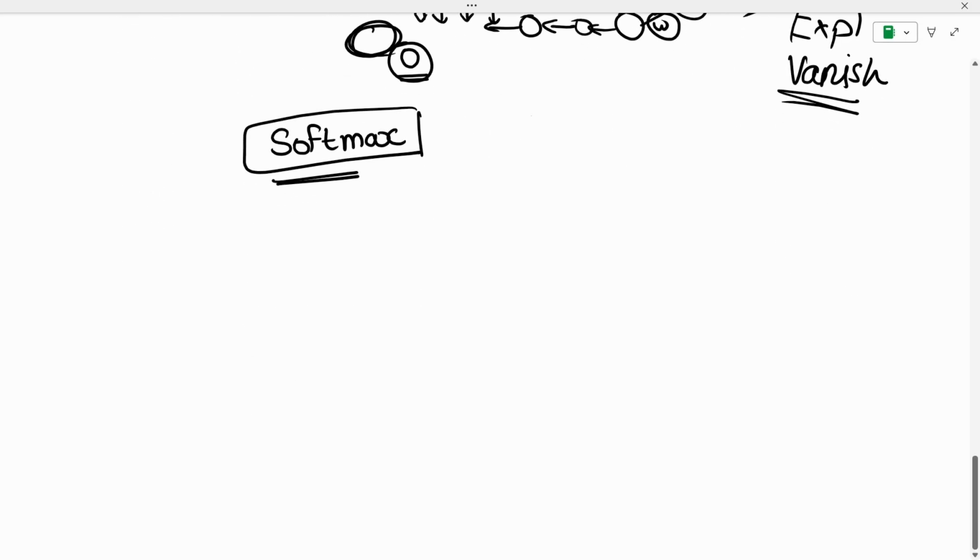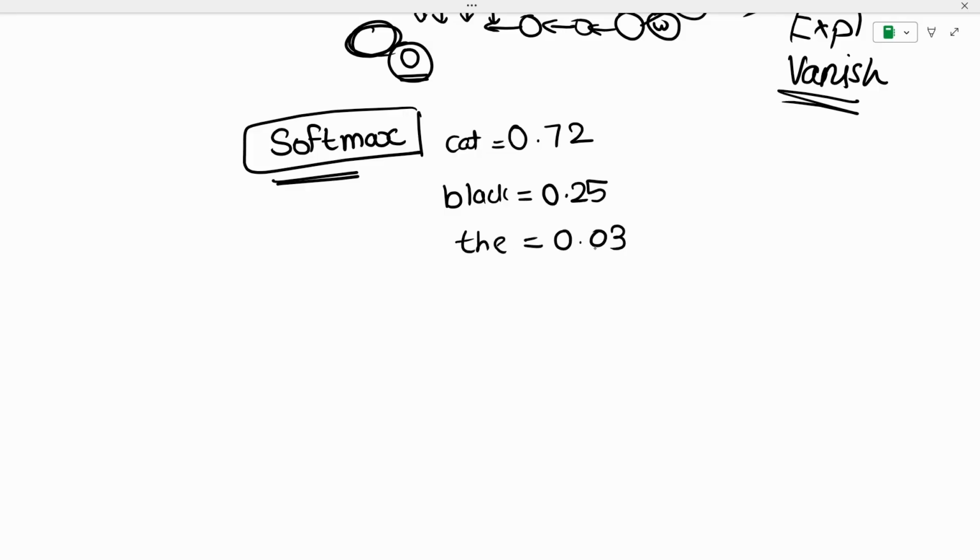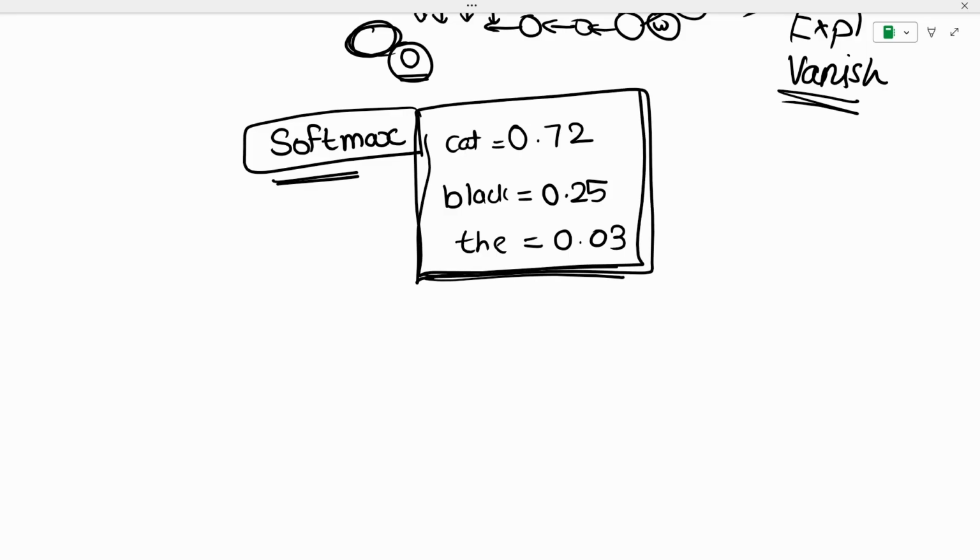If you apply softmax, we might get something like 0.72 for cat, 0.25 for black, and something like 0.03 for the, let's say. So now you can see you've converted this into probabilities, and the sum of these values is equal to 1. Now you'll easily be able to see how different words relate to the word chat, right?